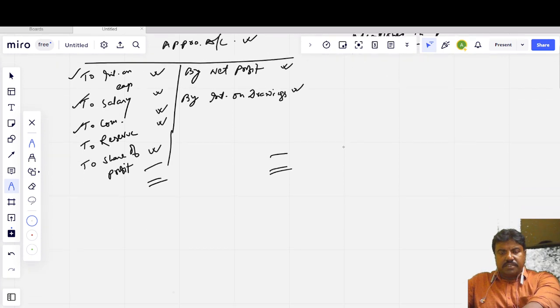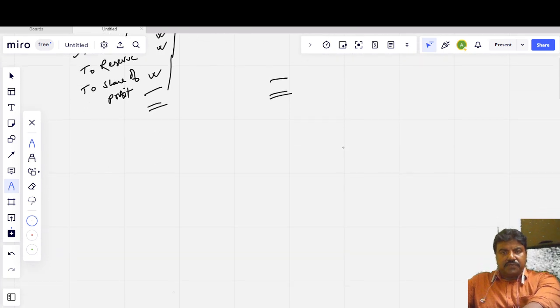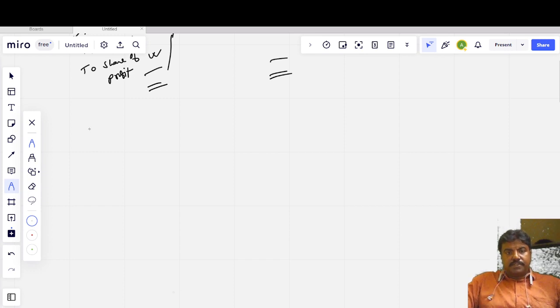Now think of a situation. In a partnership firm, there are two partners, A and B. Capital contribution: A's capital is 2 lakh, B's capital is 1 lakh.